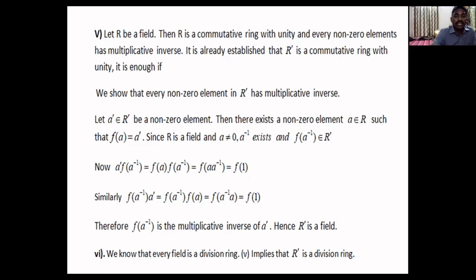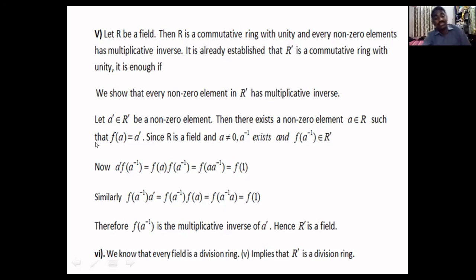Okay, let R be a field. Then by the definition of field, R is a commutative ring with unity and every non-zero element has a multiplicative inverse. This is the definition of a field. It is already established that R dash is a commutative ring with unity. It is enough if we show that every non-zero element in R dash has a multiplicative inverse.